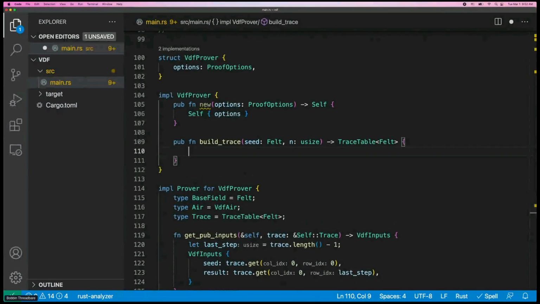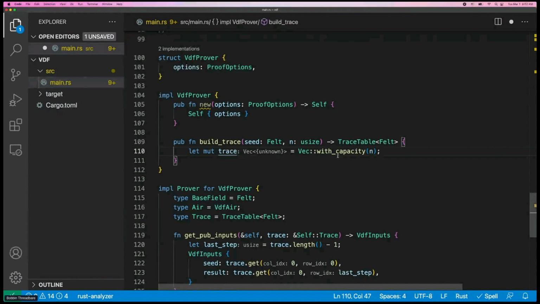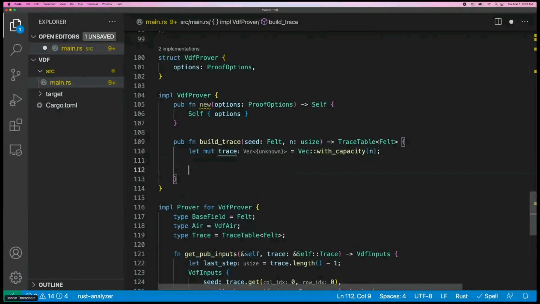Our trace consists of just a single column. So we'll just use this vector to contain the values of this column. And then at the end, once we've done building it, we'll just initialize our trace table with this column. In theory, if you had multiple columns, you would be able to pass multiple columns here.